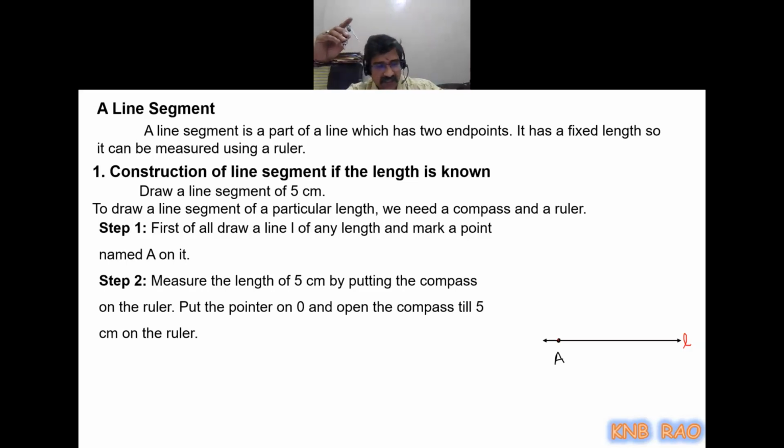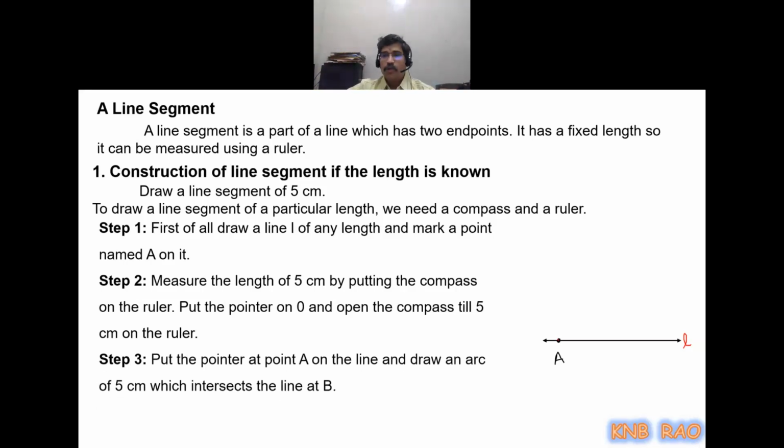You know the procedure: put the metal end on 0 of the scale, and open the pencil end so that it reaches 5 centimeter on the ruler. This is the second step.